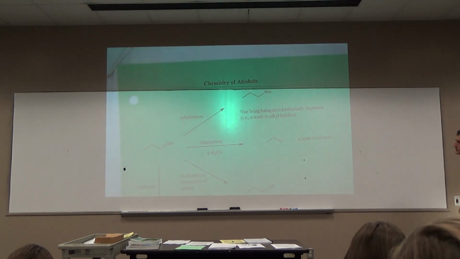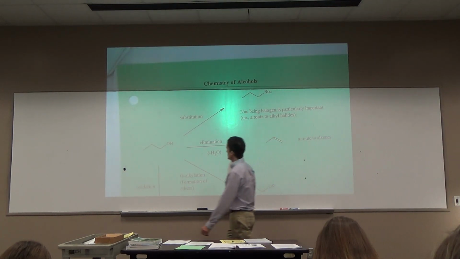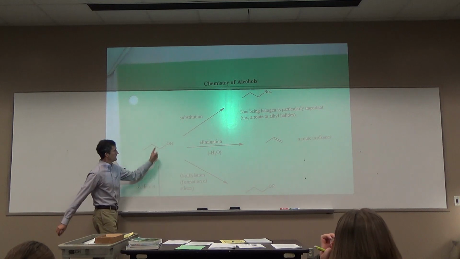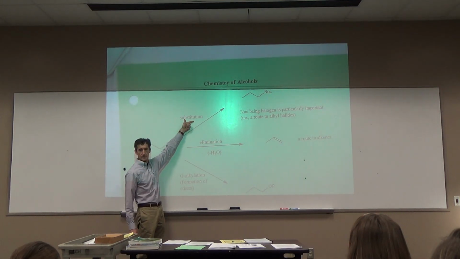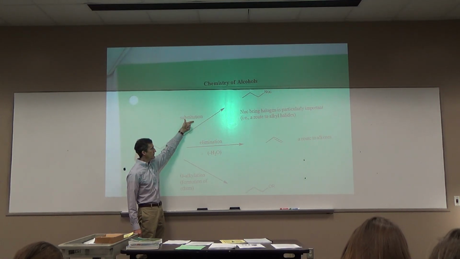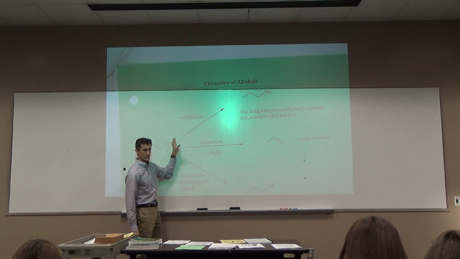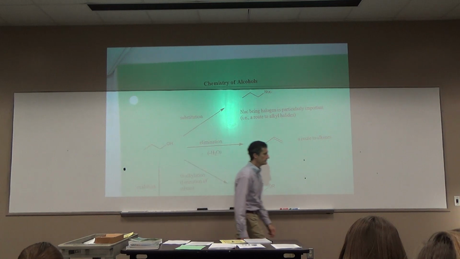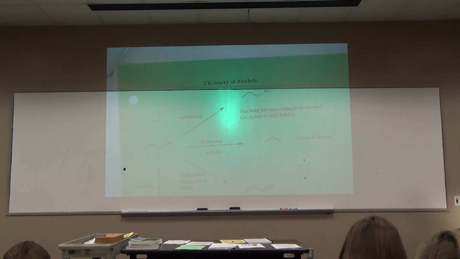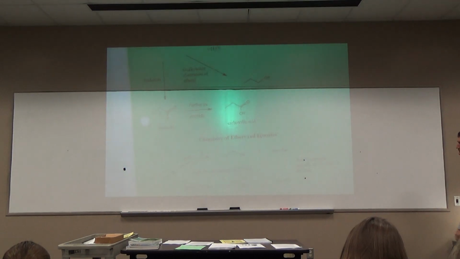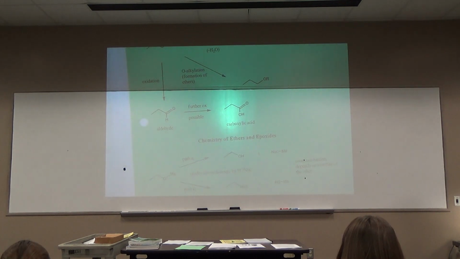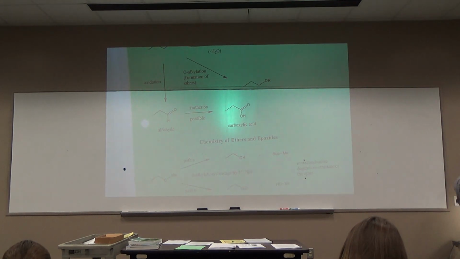And chemistry of alcohols, we're going to begin with substitution. Okay. Then we'll look at, guess what? Okay, so this gives an overview of what we're going to be doing. And then when we get through with alcohols, what might we move on to? Chemistry of ethers and epoxides? Okay.